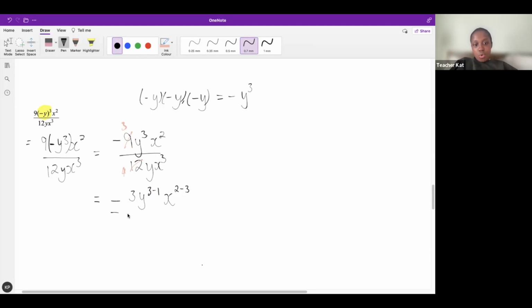And this is all over 4. Remember, we still have a 4 at the bottom. So then my simplified answer will be negative 3y squared x to the power of negative 1 all over 4. Let's get a thumbs up, thumbs down on that one. Thumbs up. Okay.